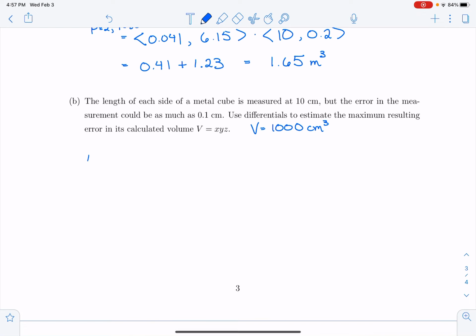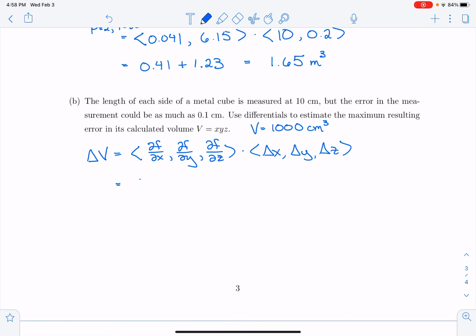So the change in volume, that's going to be the gradient of the volume, so that's df dx, df dy, and df dz, dotted with delta x, delta y, and delta z.